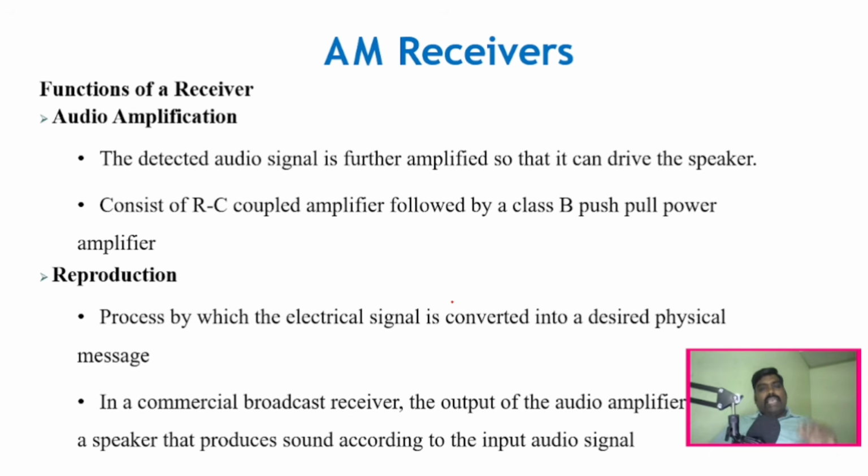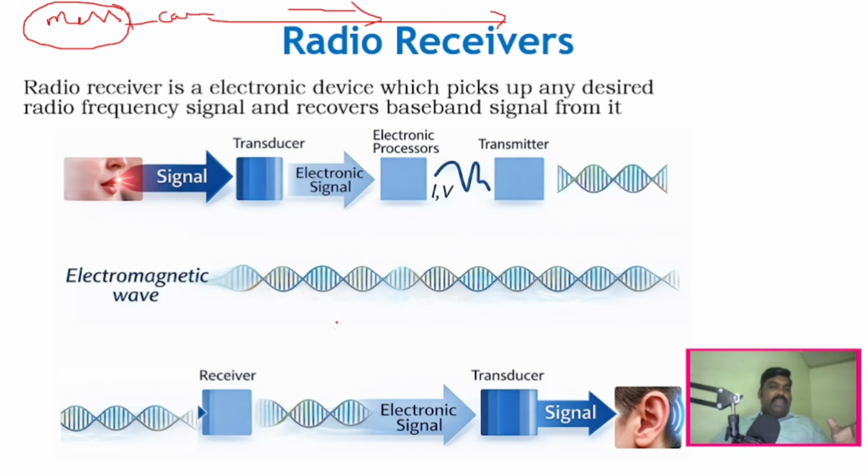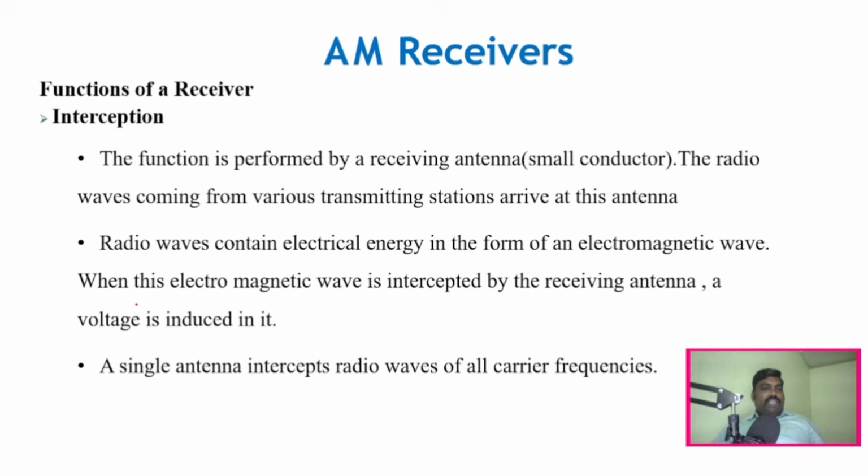The same explanation I have given: first, it converts the original message into an electrical signal, that electrical signal is transmitted along with the electromagnetic wave, and once again that electrical signal is converted back to the physical message signal. And this is the complete operation of a receiver.